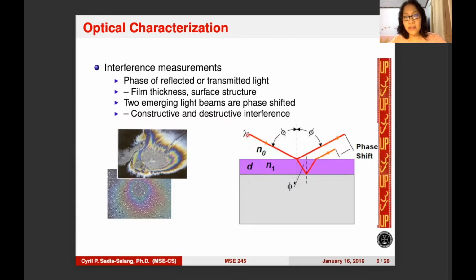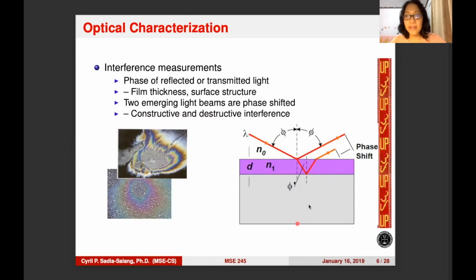Here we see the light represented by the red arrow. It strikes the upper surface of the sample, and it is either reflected or transmitted. The transmitted light strikes the bottom surface of the purple layer, and it is again either reflected or transmitted.